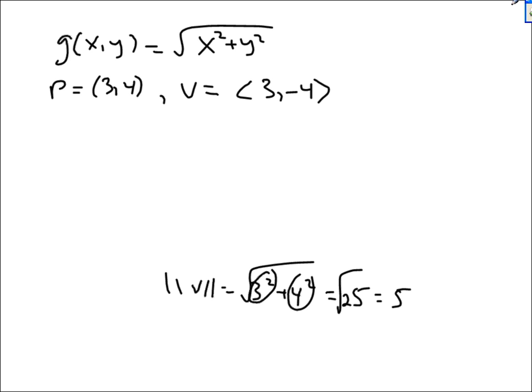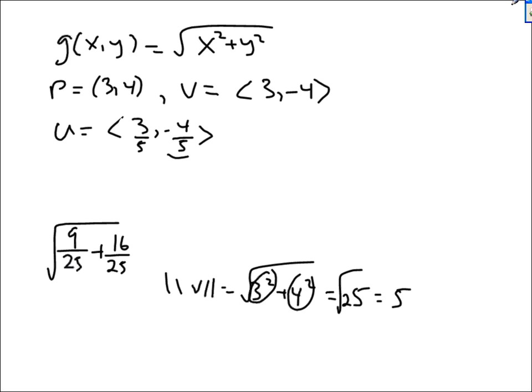So the vector u will be the vector v, where we divide by 5. That's now a unit vector. If you square the i component, you get 9 over 25. If you square the j component, you get 16 over 25. And you take the square root. That will be the length of u.